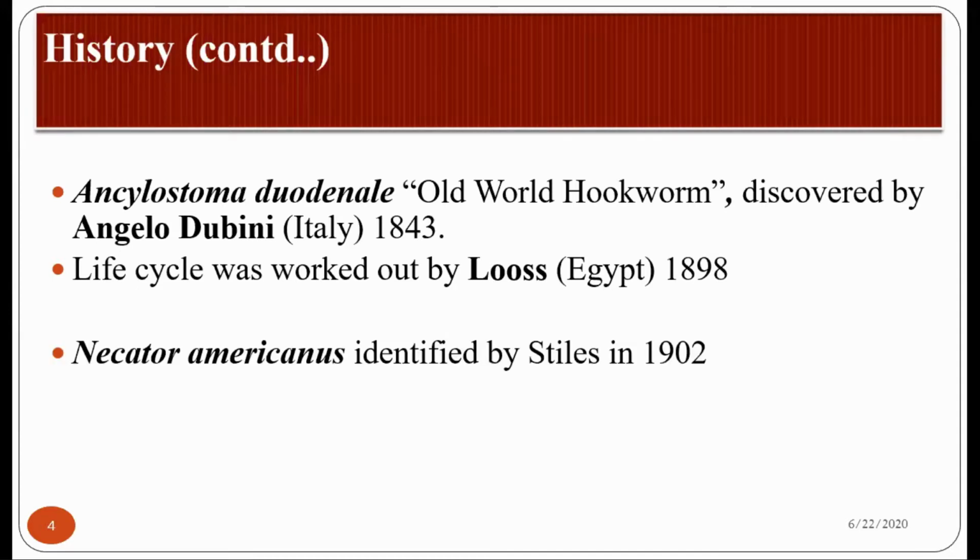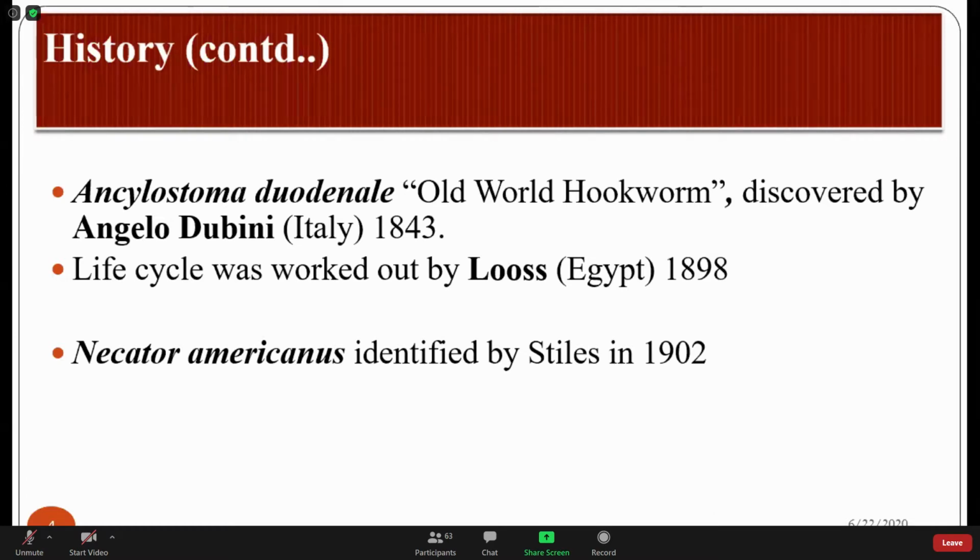The second species of hookworm which is pathogenic to human beings is Necator americanus. This Necator americanus was discovered by the scientist Stiles in the year 1902. Since Necator americanus was discovered a very long time after Ancylostoma duodenale, it is also known as New World hookworm.